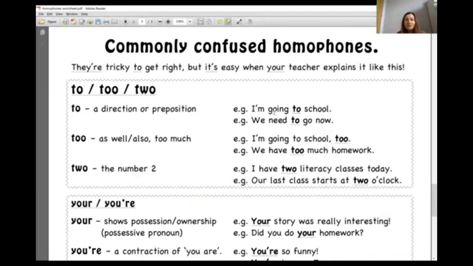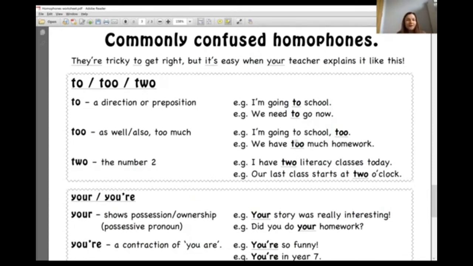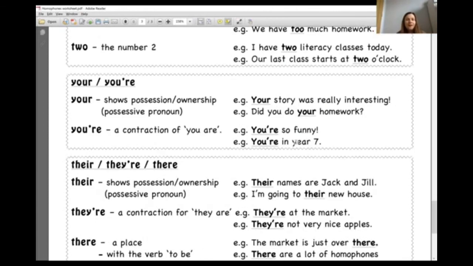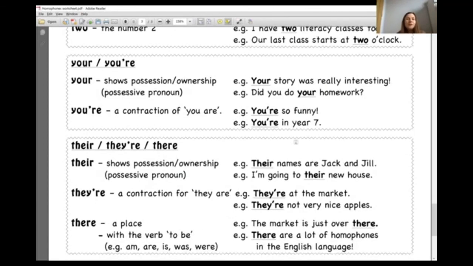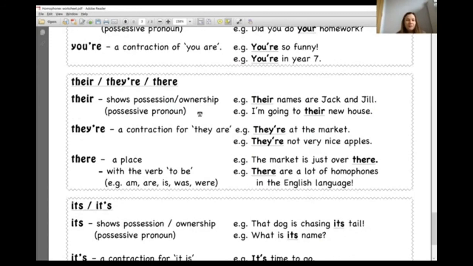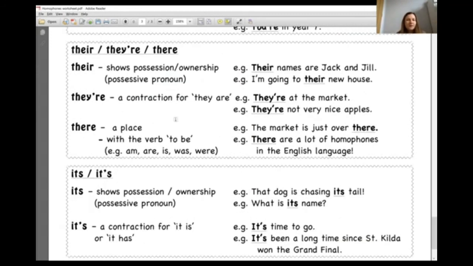And here are some examples for you. And you're and your is the other one that is often mistaken. We'll learn about these apostrophes. And there, their and they're as well. It's and its is another one that is often mistaken, but don't worry about this. You can have a look and just familiarize yourself.